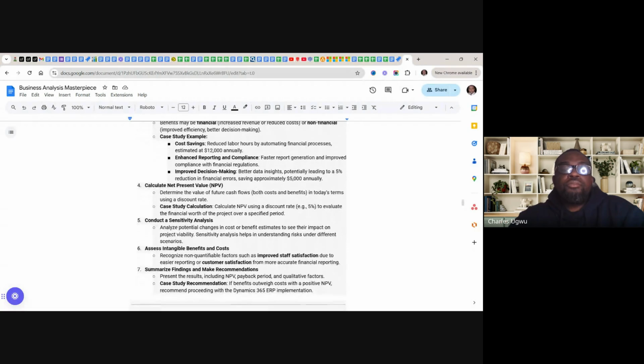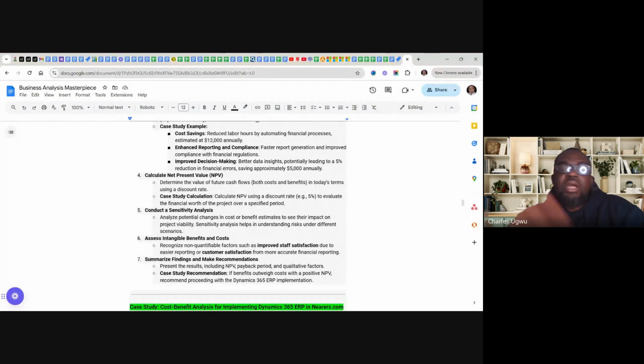So that's how you get cost, you get benefit, and it's very simple. To know whether it's viable or not viable, you remove the cost from the benefit.